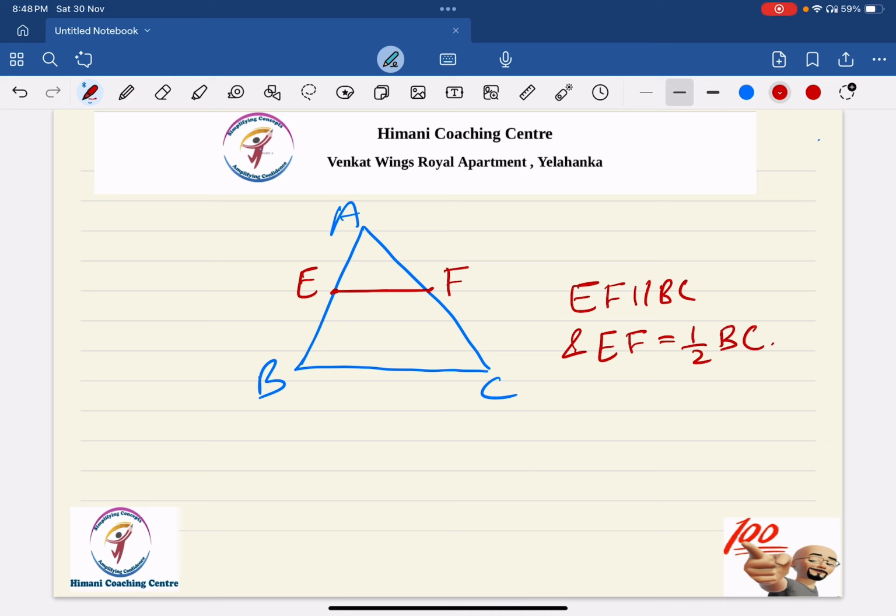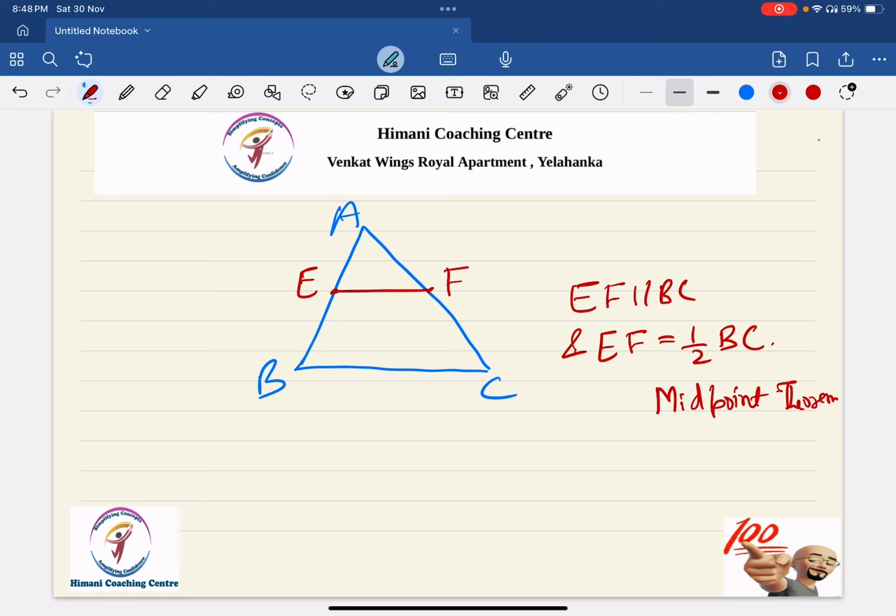How do we state it? The line joining the midpoints of any two sides of a triangle is parallel to the third side and is half of it.